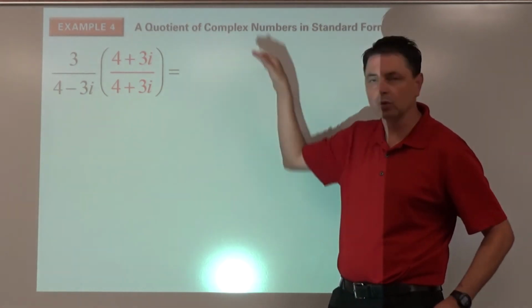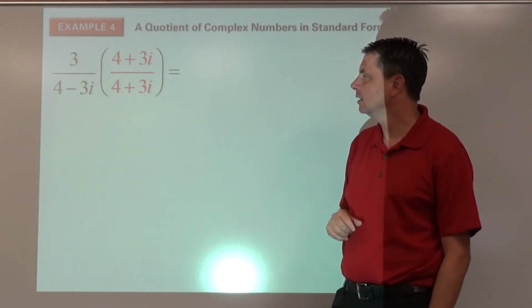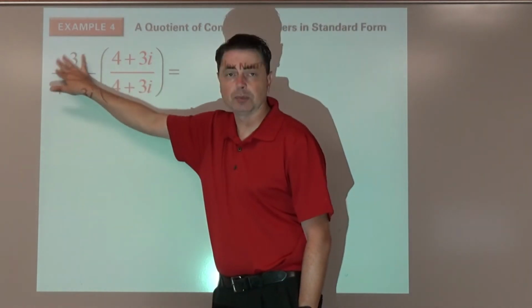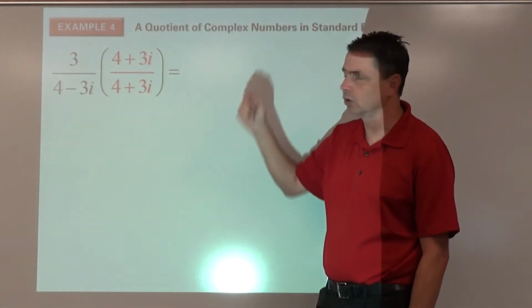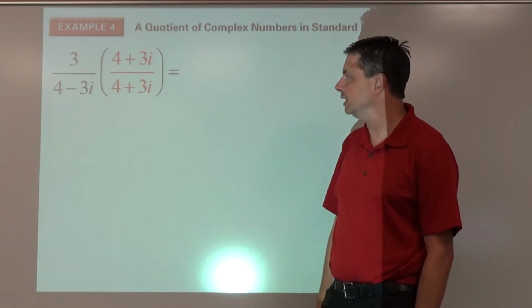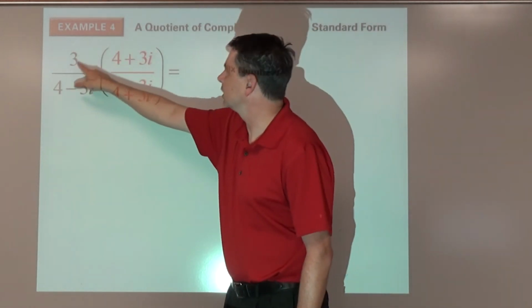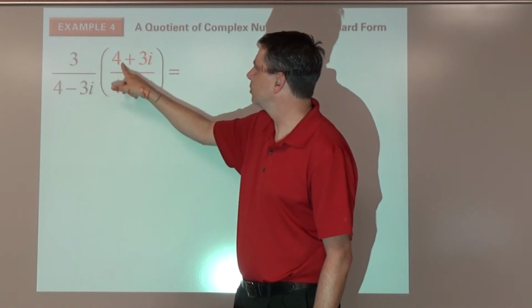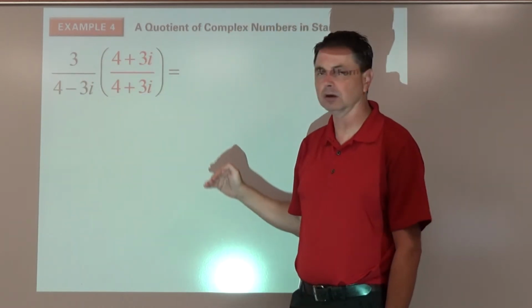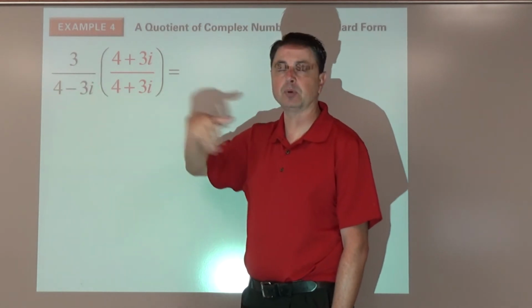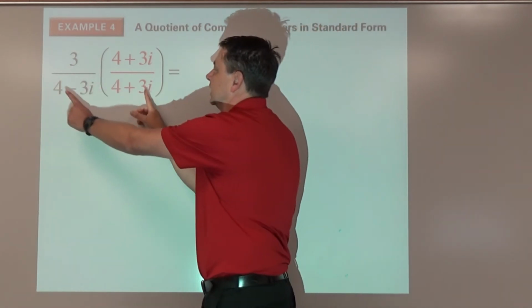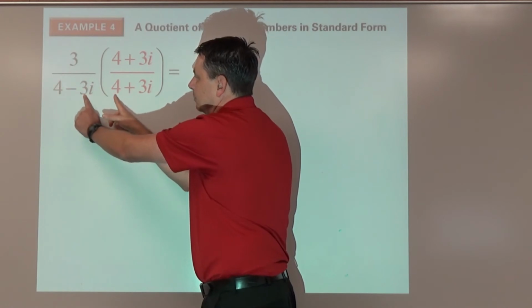Probably take some time to work through that, especially if this was a binomial on top, which it could be, just like kind of working through with example number 3. But here we would multiply on top and say 12 plus 9i over, and we know that since these are going to be conjugates, the i parts are going to cancel out, because we would get positive 12i minus 12i.